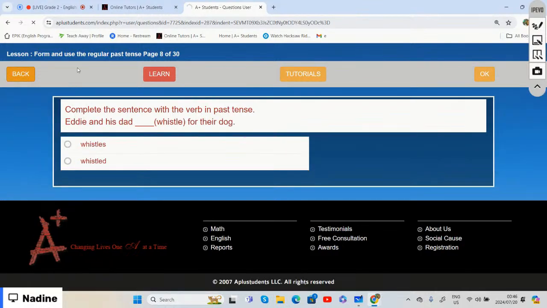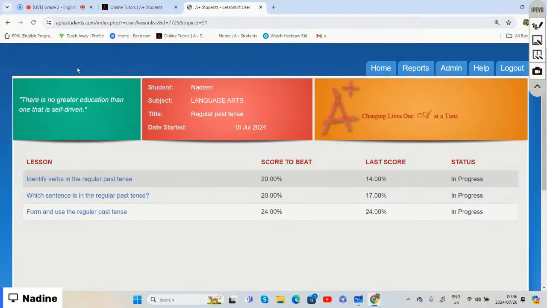So that is the end of our lesson on regular past tense. Remember, we said with regular past tense, we have our verb, and it is in the past tense. It tells us what had happened. And when we change our words from a present tense to a past tense, the word changes because we add either a d or an ed to our specific word.